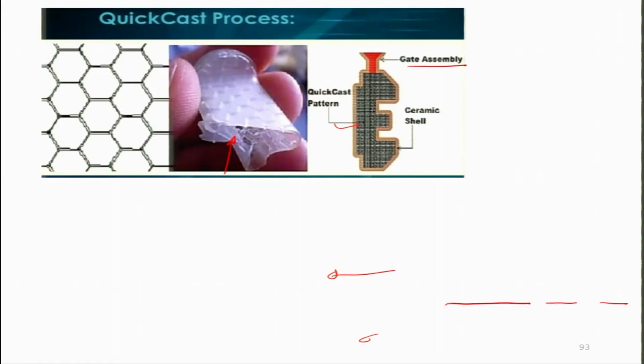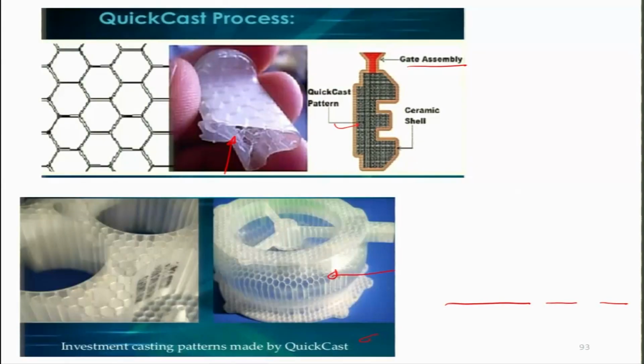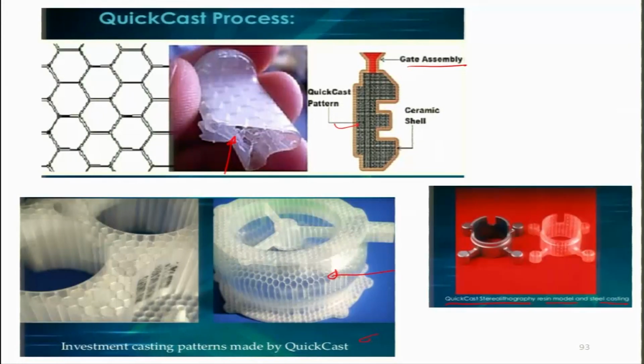Something like this, you can see all these different quick cast molds being manufactured, by making some kind of a mesh pattern which is still able to be used as an insert for mold making, etc.